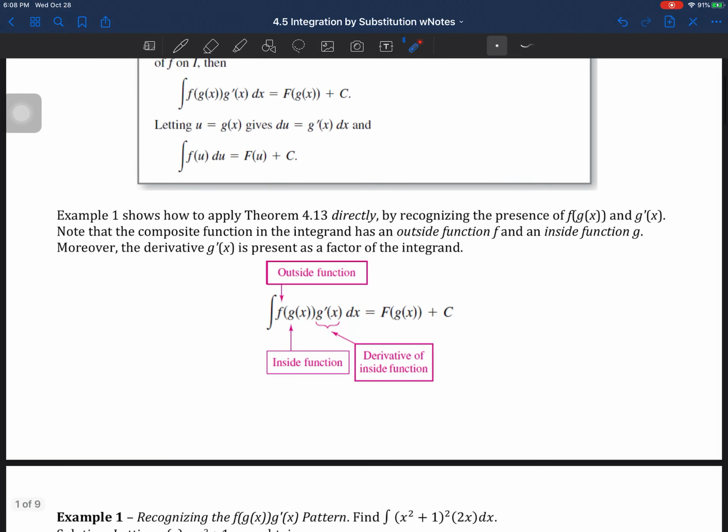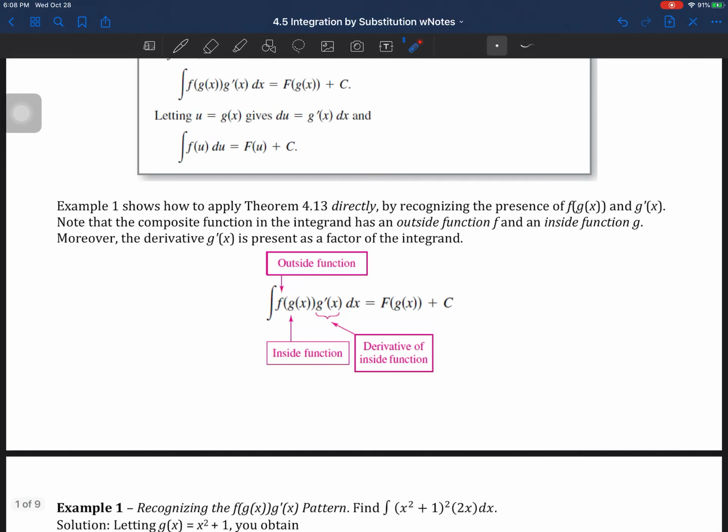Let's try example 1. Example 1 shows how to apply theorem 4.13 directly by recognizing the presence of the composite function f of g of x and g prime of x as a product.